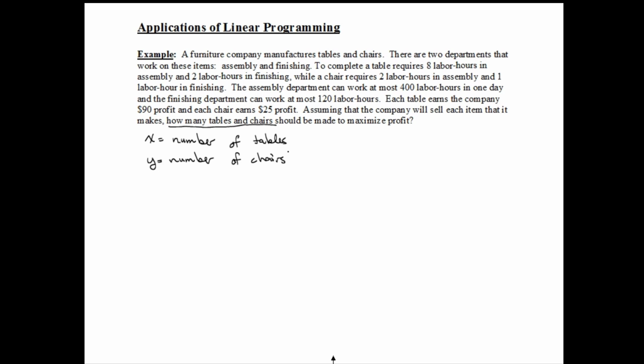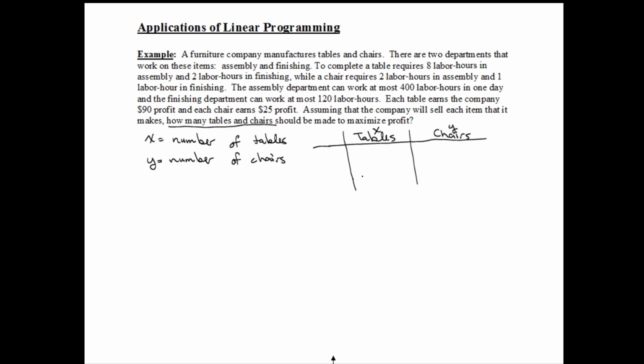Sometimes it's helpful to make a table out of the given information. And I'm going to put tables and chairs across the top. Usually across the top, if I make a table, I'll put whatever my variables are going to represent, and then I'll put the other information down the side.